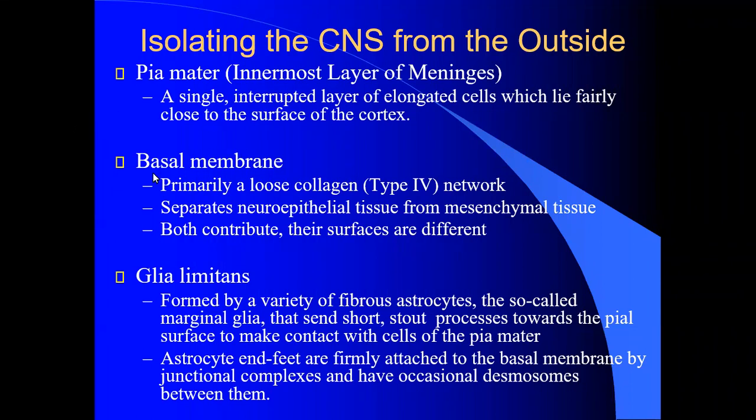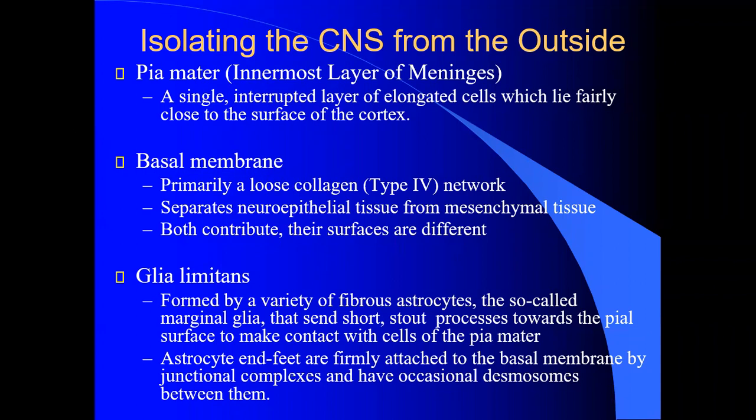They are separated by a basal membrane, and the basal membranes are really interesting. Basal membranes are nearly acellular structures, a lot of collagen, type 4 collagen. I was reading a lot this week on the basal membrane, and the basal membrane is formed by both the mesenchymal tissue and the neuroepithelial tissue, both of which are touching it, and they both contribute.